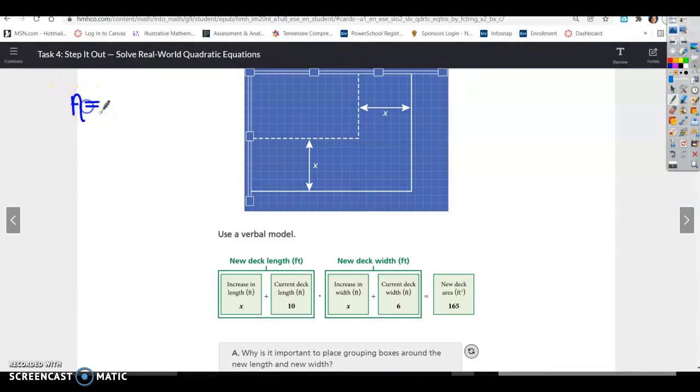Our length is now x plus 10, and our width is x plus 6, and we know that we want that to equal 165 square feet.